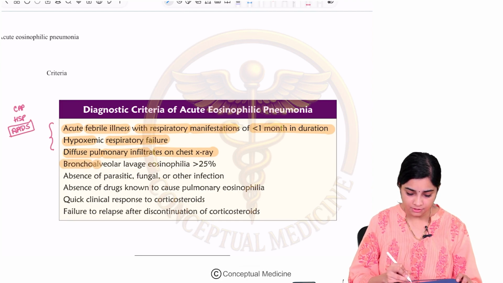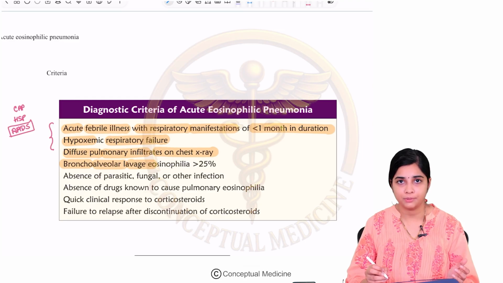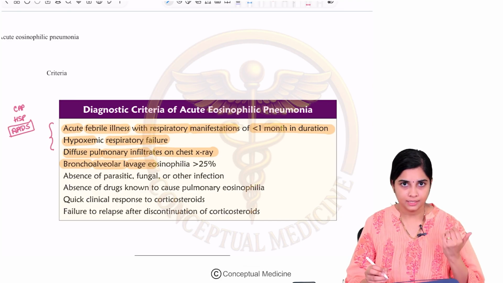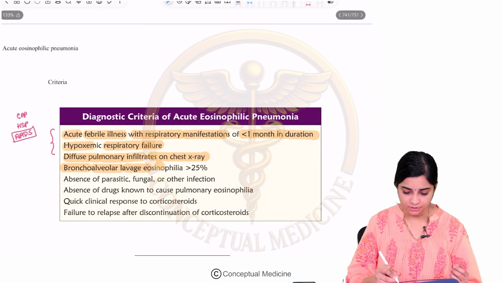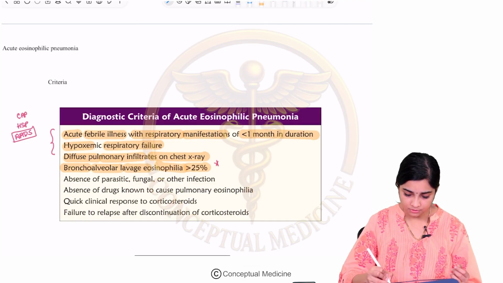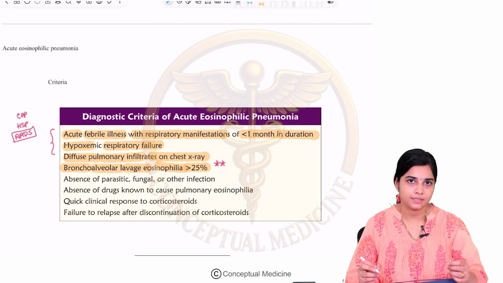It is a characteristic feature of a bronchoalveolar lavage. We had discussed about BAL in our chapter on hypersensitivity pneumonitis, right? So if you do a bronchoscopy and you take out the material for that and do an analysis under the microscope, it will show eosinophilia more than 25%. So this will show the presence of BAL eosinophilia more than 25%.